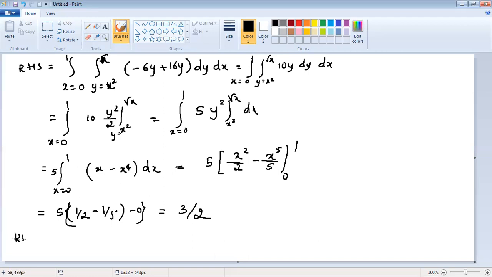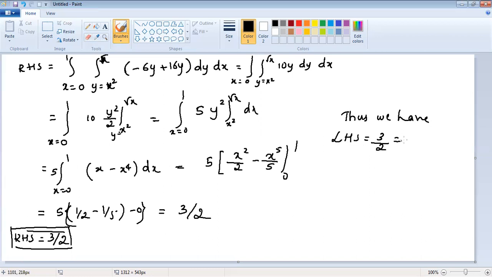So RHS is equal to 3 by 2. So you saw, thus we have LHS is equal to 3 by 2 is equal to RHS. And hence Green's theorem is verified.